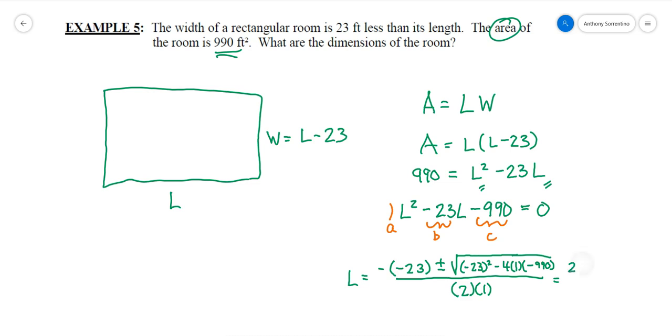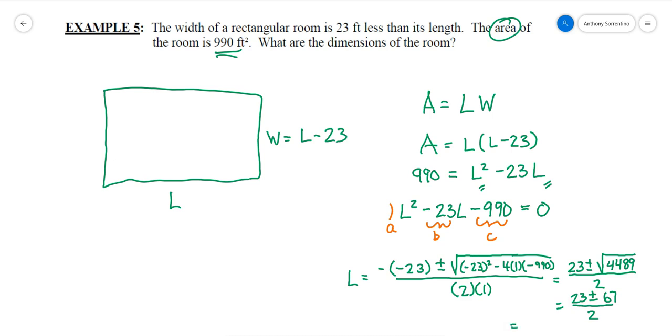So I'm going to have 23 plus or minus the square root of negative 23 squared minus 4 times 1 times negative 990, which comes out to be 4489, over 2. And 4489, if you have a calculator you can always try it out, is a perfect square. It's 23 plus or minus 67, all over 2.